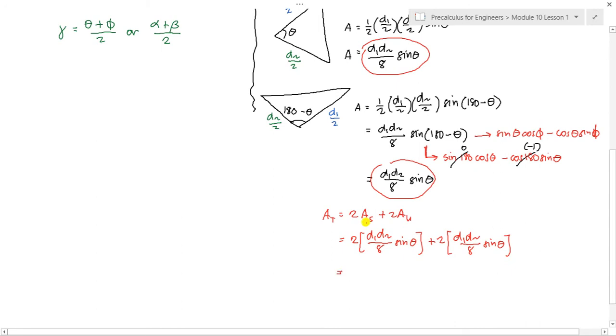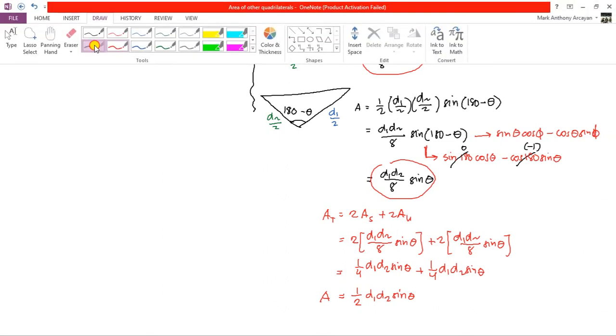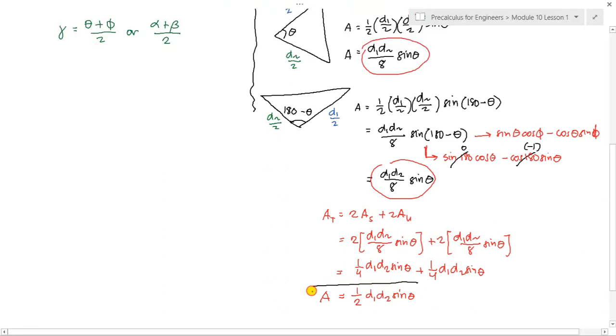Simplifying further, that is 1/4 d1 d2 sine theta plus 1/4 d1 d2 sine theta. Combining, 1/4 plus 1/4 is 1/2. So therefore, the area for a general trapezoid, given the diagonals and the included angle, is 1/2 d1 d2 sine of theta.